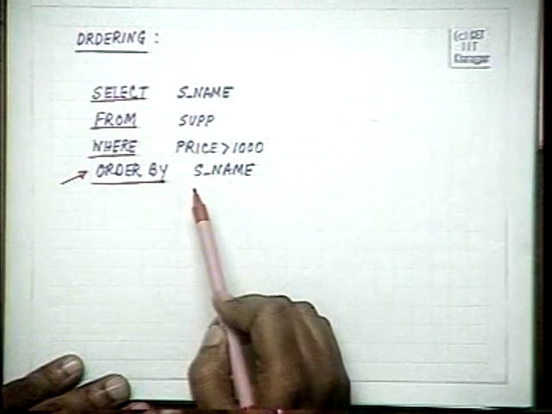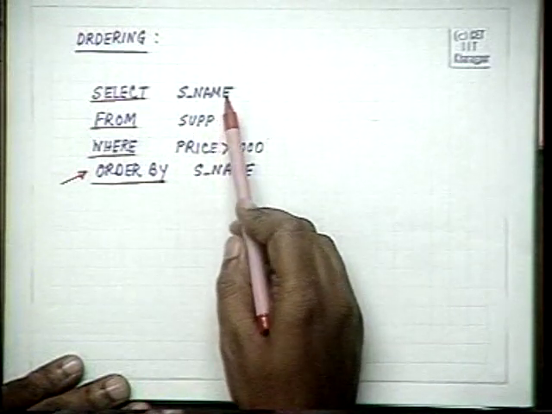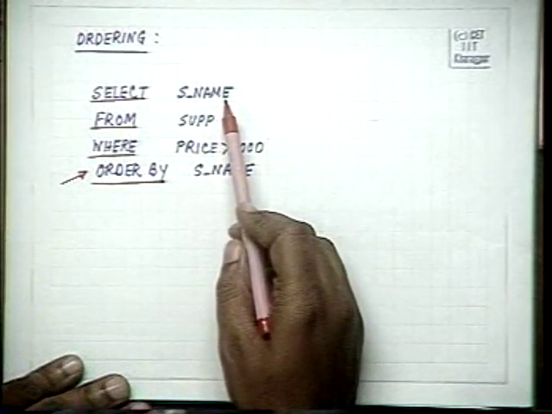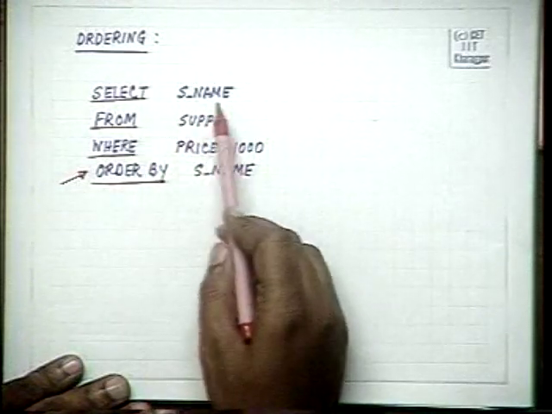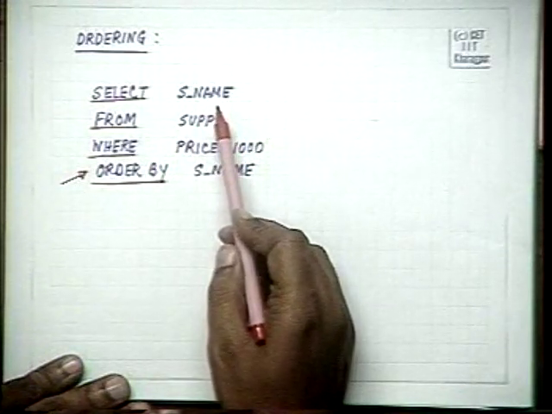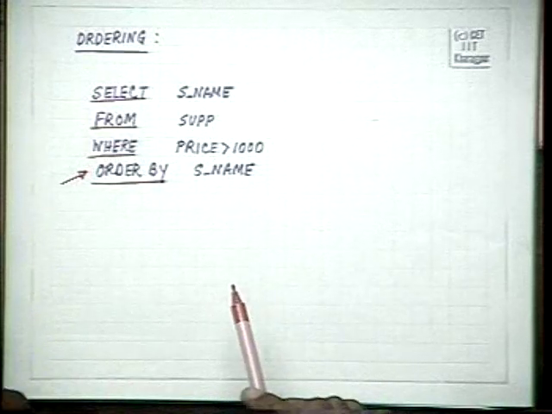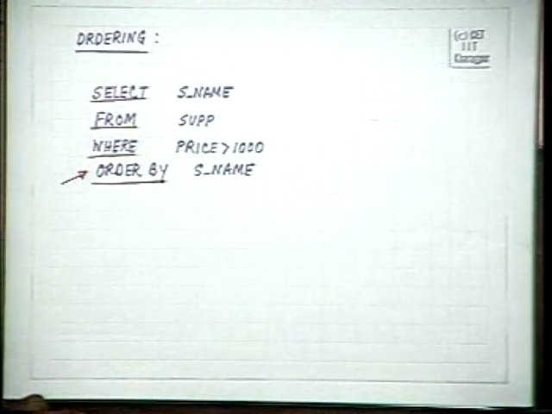So, this will give us from the sub relation the supplier's name only.